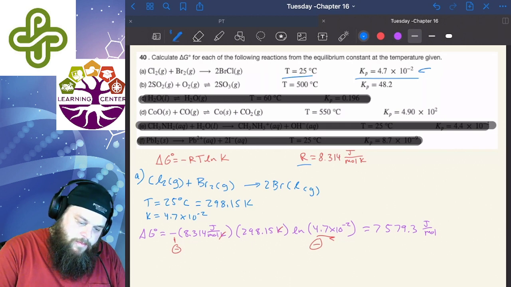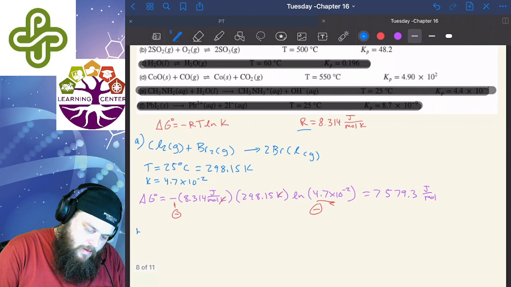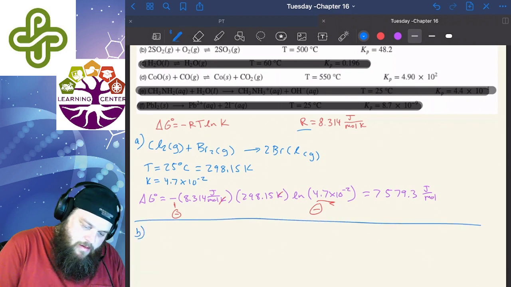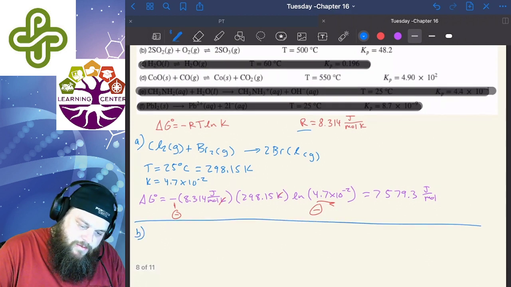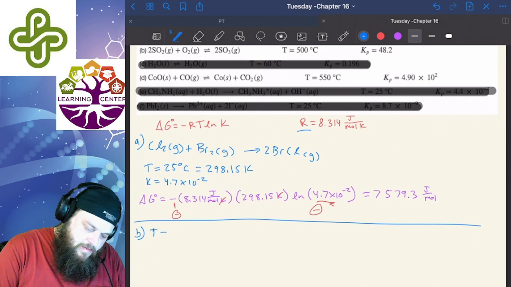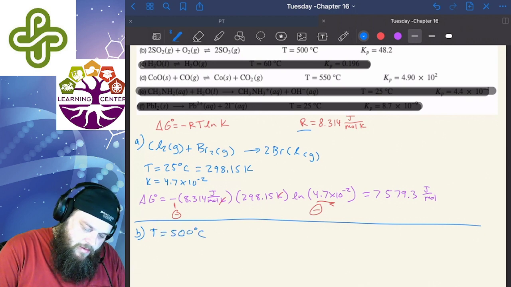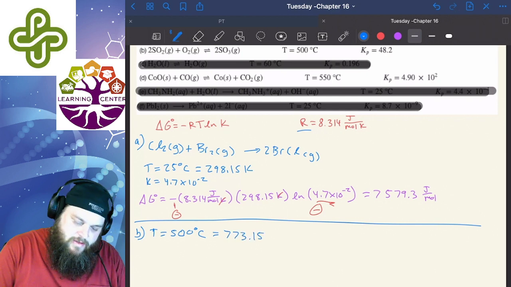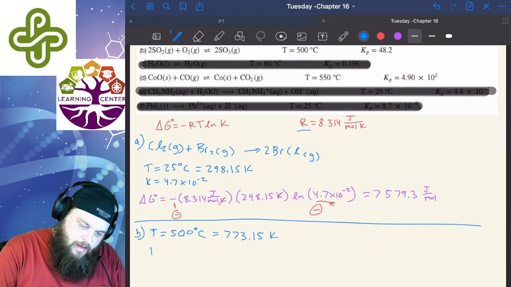For part B, and I'll avoid writing down the balanced chemical equation for it and just look at my temperature is equal to 500 degrees C, which is equal to 773.15. Just adding 273.15 to that. That's in Kelvin, and my K value is equal to 48.2.